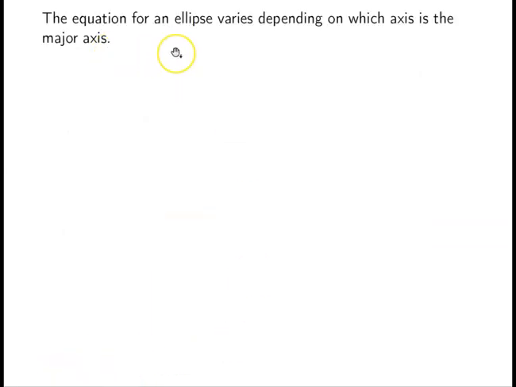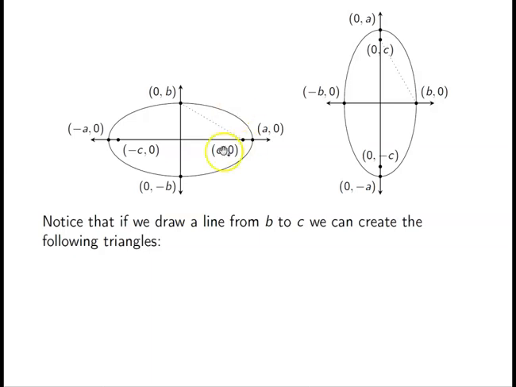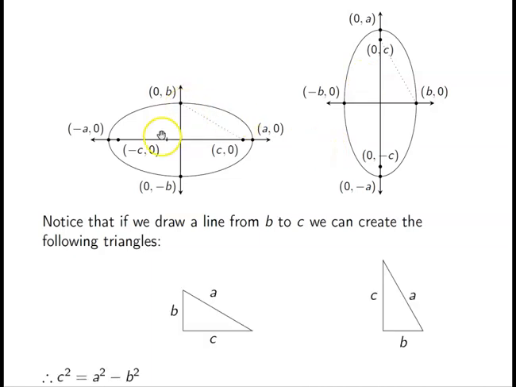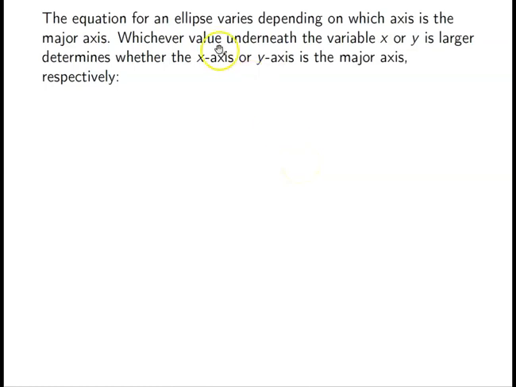The equation for an ellipse is going to vary depending on which axis is the major axis. The equation for this is not going to be the same as the equation for this, so my equation is going to tell me which orientation I have. Whichever value we have in the denominator, we're going to have fractions: one value under x squared, another value under y squared.